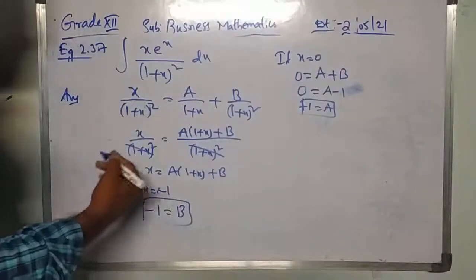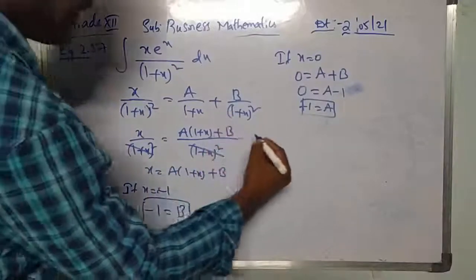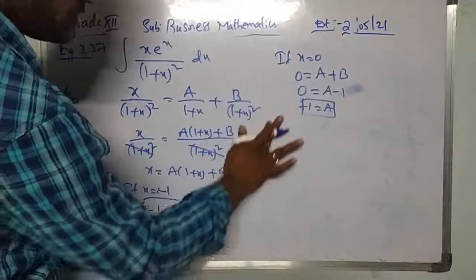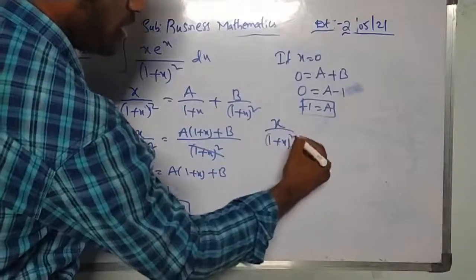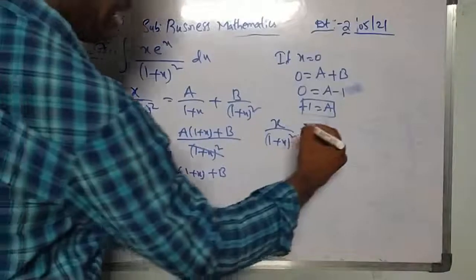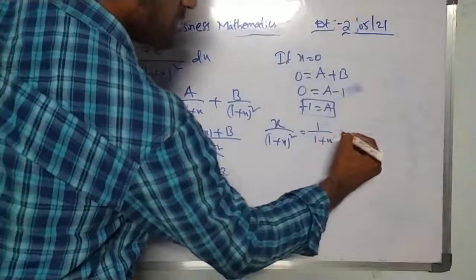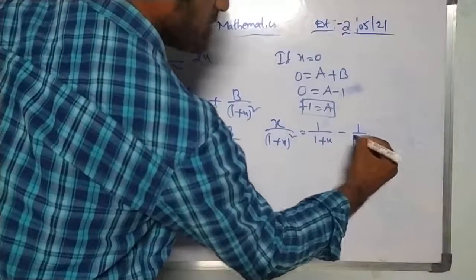So finally, x by 1 plus x whole square can be written, with a value 1, as 1 by 1 plus x minus 1 by 1 plus x whole square.